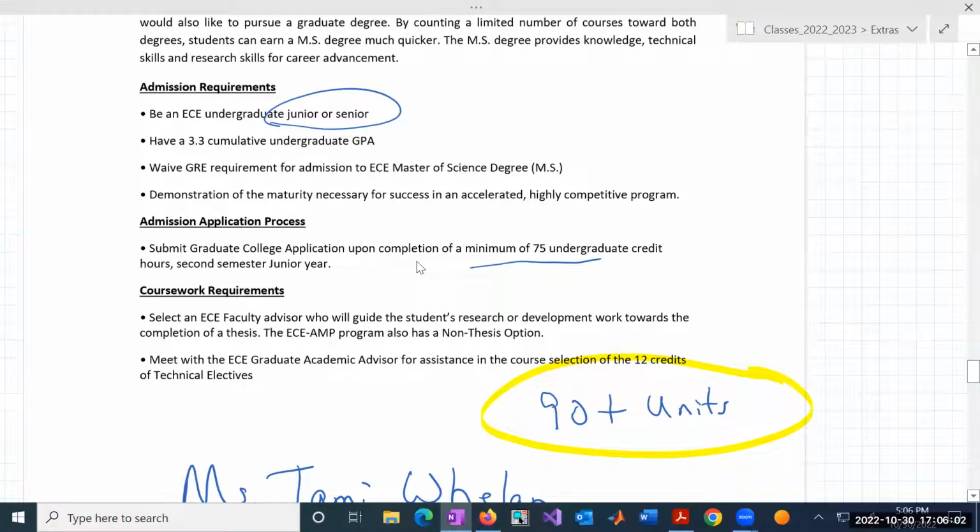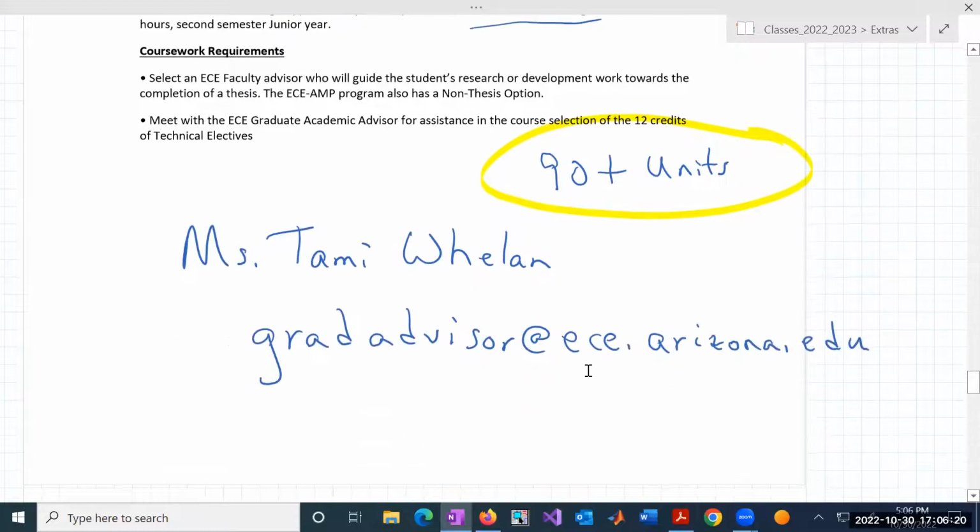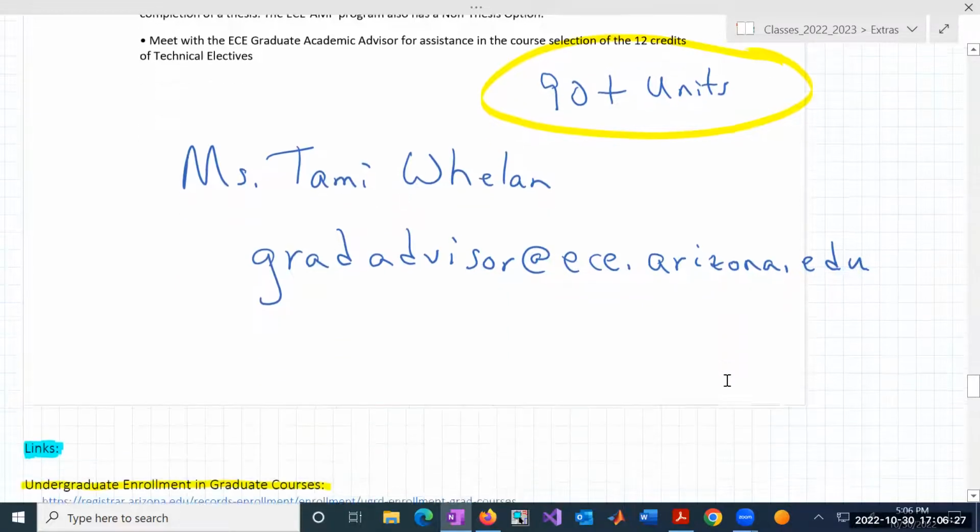You can submit your application to the graduate college when you have 75 undergraduate credits. You can start taking these graduate level classes once you become a senior, which means you now have 90+ units. And if you do have questions, you can contact Tammy Whalen at this particular email address.